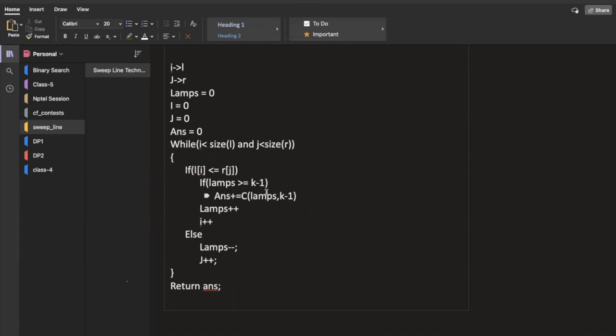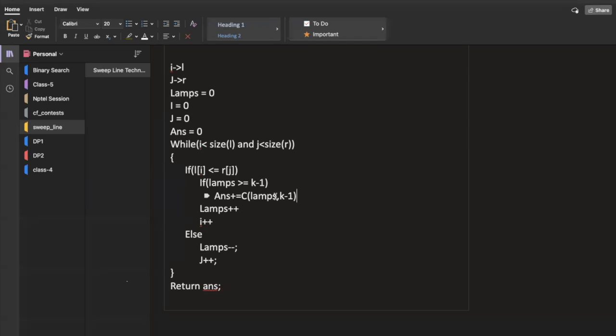Because if you don't look at this contribution, then how will you justify this expression of choosing something? You are basically calculating the contribution of each lamp and then you are adding this value. But if you simply ignore the contribution thing, then how will you justify taking an expression? Because an expression is basically the contribution of something, right?